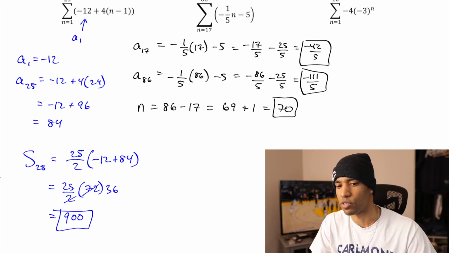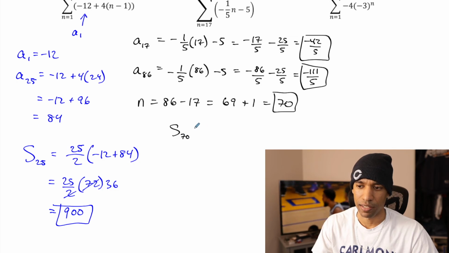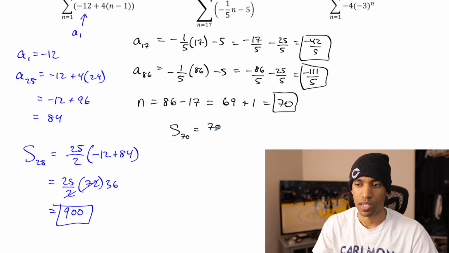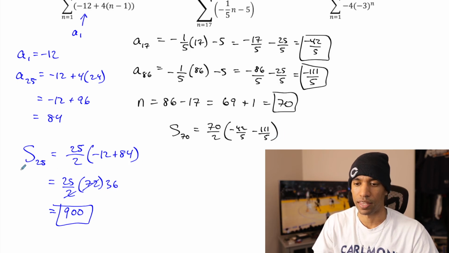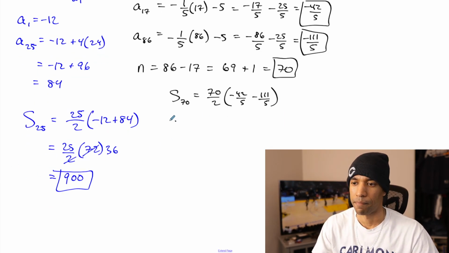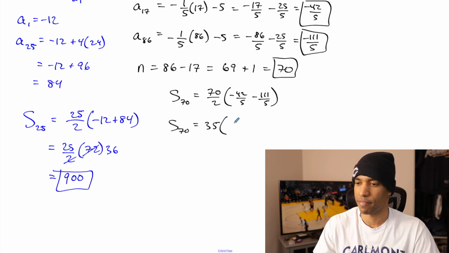All right, so let's find that sum. Now, s sub 70, 70 terms, is 70 over 2 times this negative 42 fifths plus or minus 111 fifths, like that. Okay. So s sub 70 is 35 times negative 153 fifths.